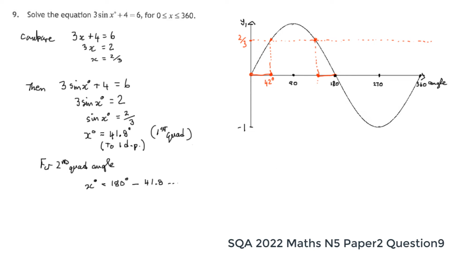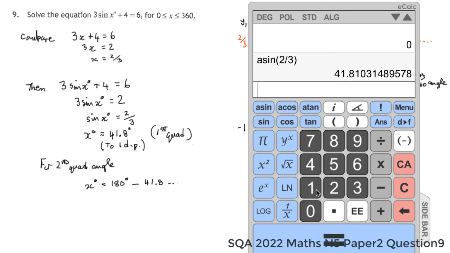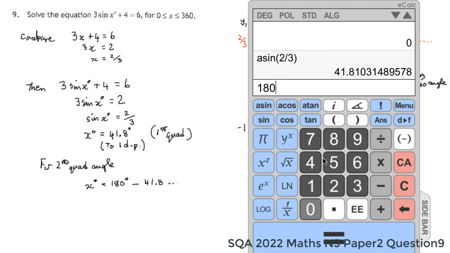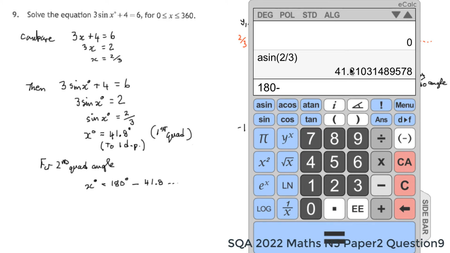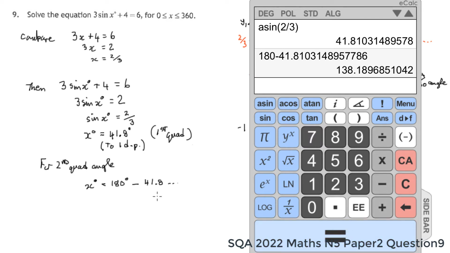Now if I take that calculator, I've still got that value in it, so I'll get a more accurate version. So there's 180 minus this first quadrant angle, that gives me 138.2. And that's me rounding it again to 1 decimal place.